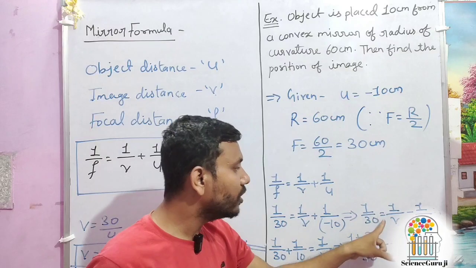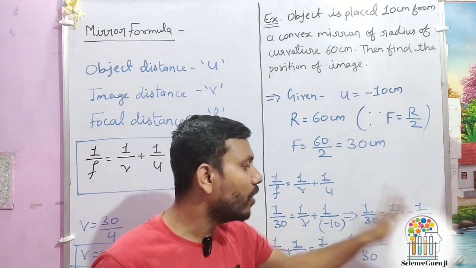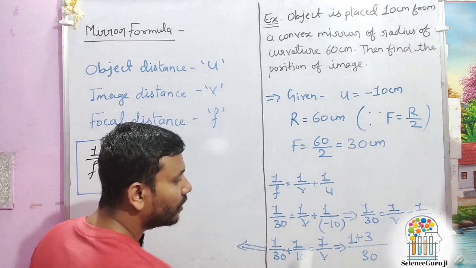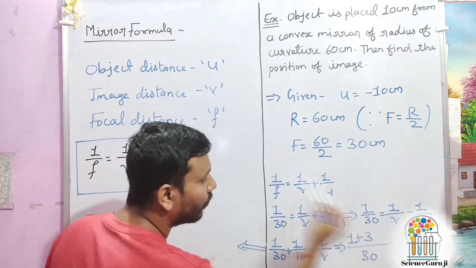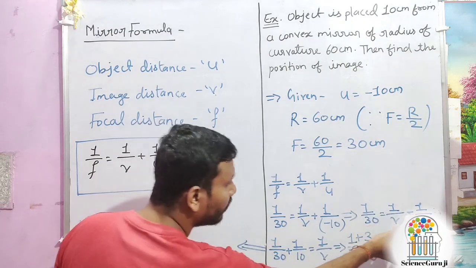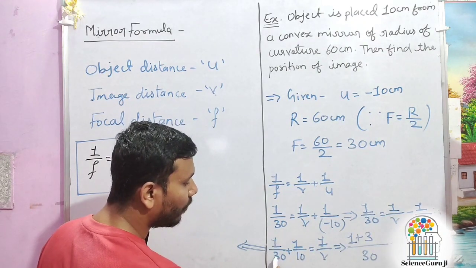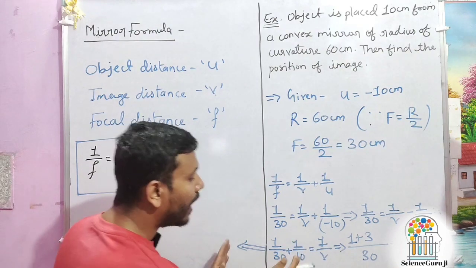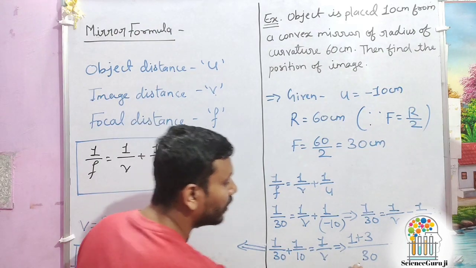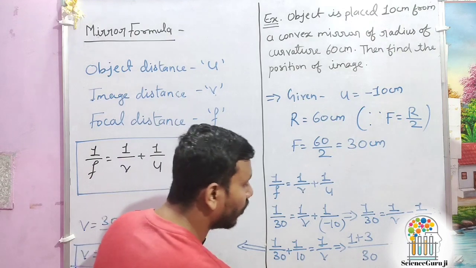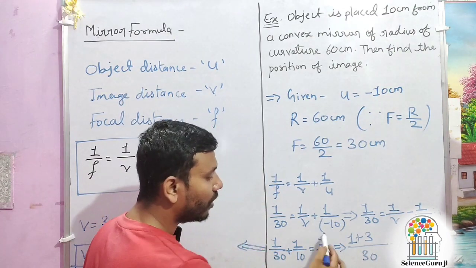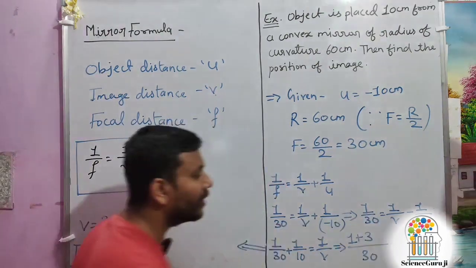So 1 upon 30 is equal to 1 upon v minus 1 upon 10. Got this? Next, just transfer the 1 upon 10 to the left side, so this minus will become plus. 1 upon 30 plus 1 upon 10 is equal to 1 upon v. By taking the LCM, that is 30, we get 4 upon 30, so 1 upon v is equal to 4 upon 30.